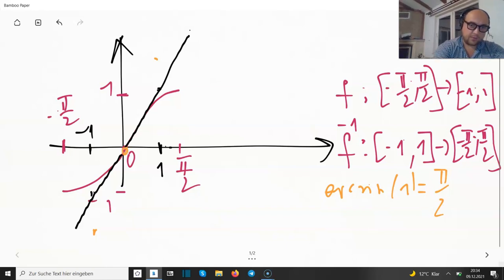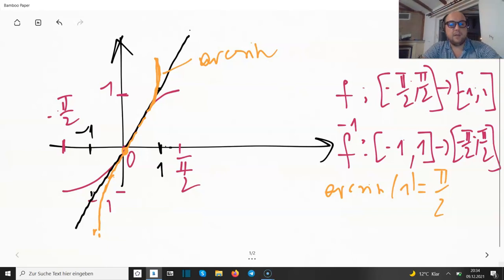And we go through the origin, of course, and we have to be symmetric considering the graph of the identity function, the black line. So let me try to put it here, something like that. Okay, so this is then arcsine, and you see we have nowhere a kink, we have no problems with the slope, so it seems to be differentiable.